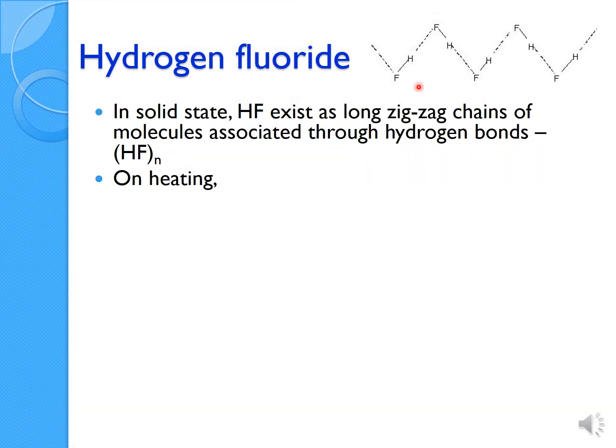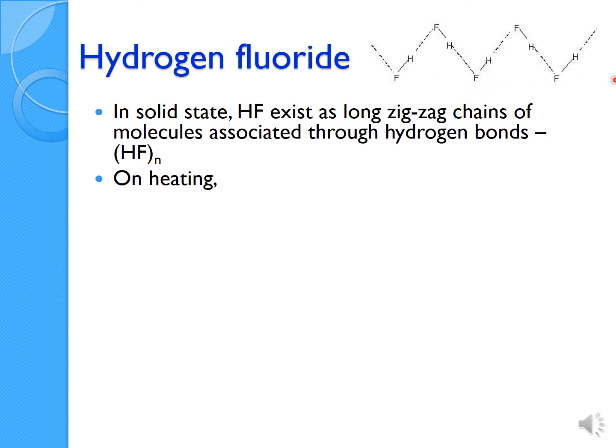This is one example, hydrogen fluoride. As we have seen, hydrogen fluoride can form hydrogen bonds, and one HF molecule can form a hydrogen bond with another HF molecule, and in this way a number of HF molecules can associate together to form a long chain like this.